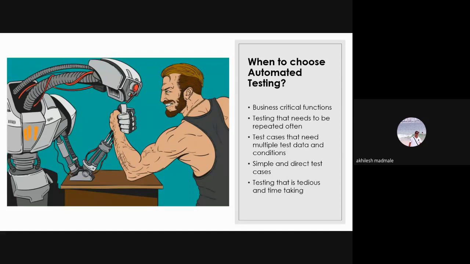The features which are not repeatable are the good candidates for manual testing, because to automate those test cases, it will be really time consuming for a developer to create a script and test. So those scenarios will be better for manual testing. Testing that is tedious and time taking, in that case also we will do automation testing.